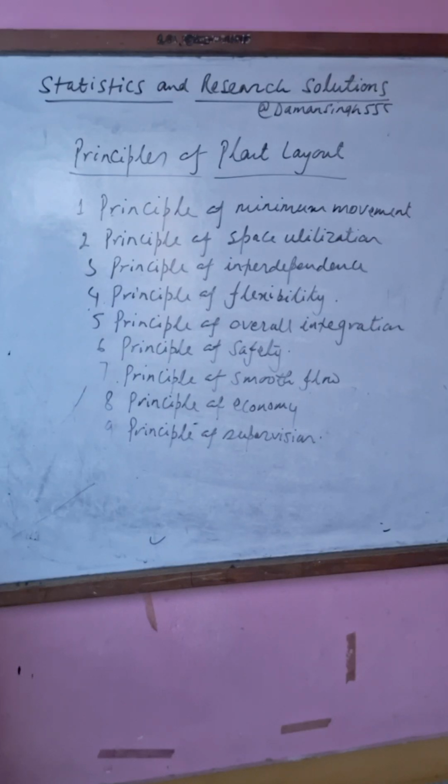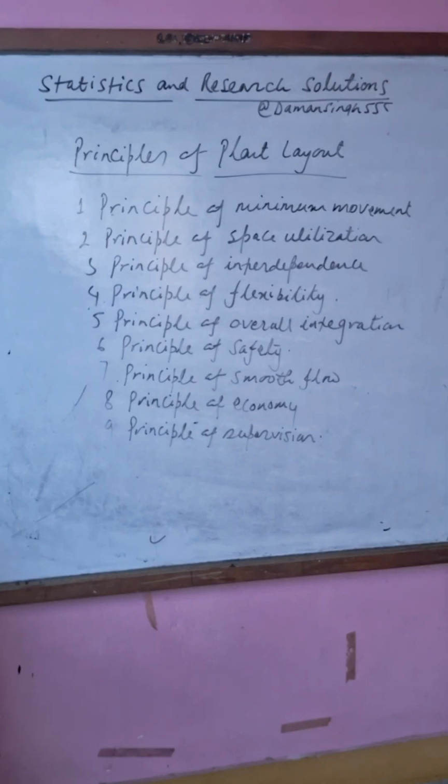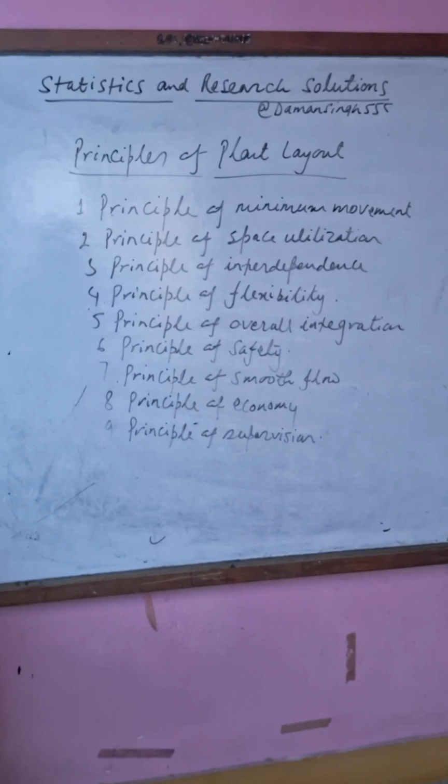If we make the supervision task very difficult, very tedious, and very time consuming due to plant layout, then that plant layout is not considered a good plant layout. So the supervisor should supervise the production process properly and in a timely manner.